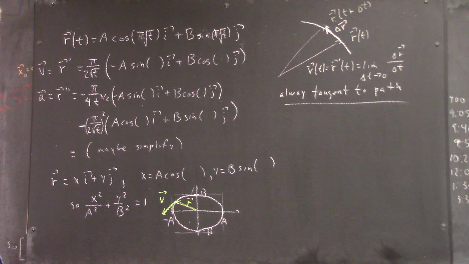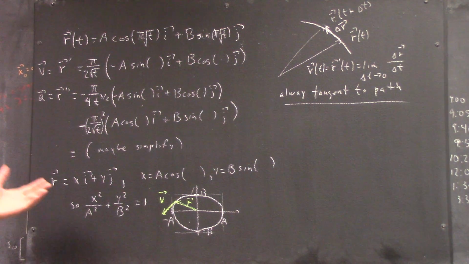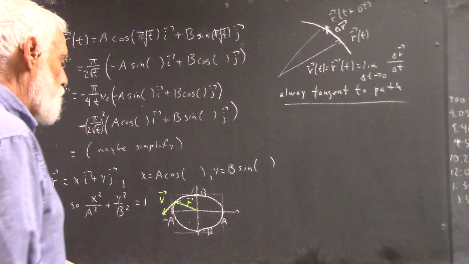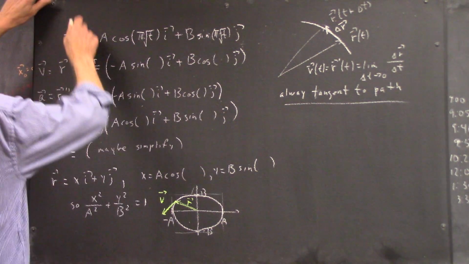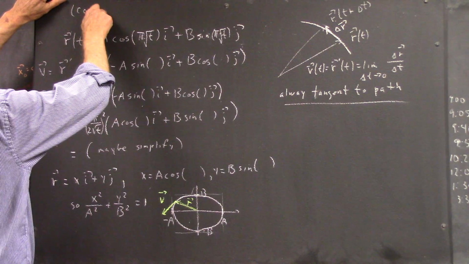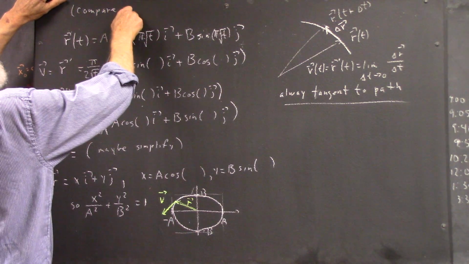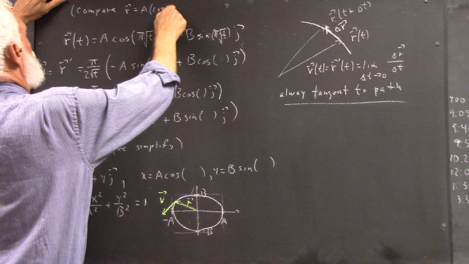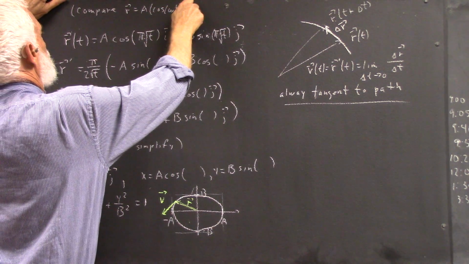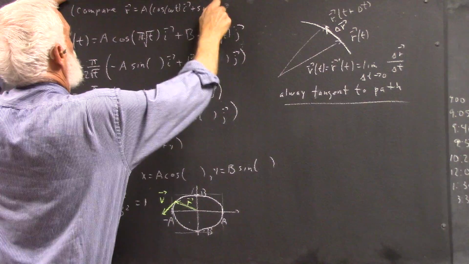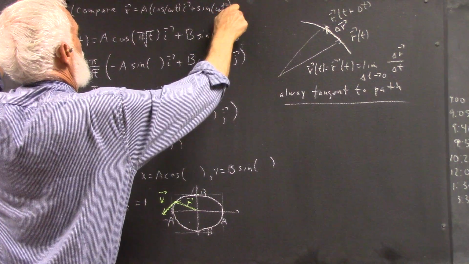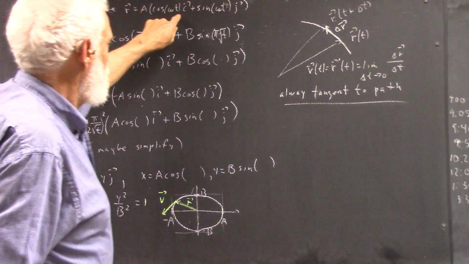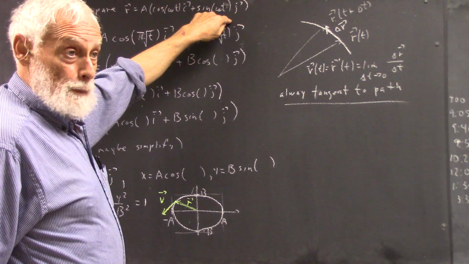Okay, the other thing that's different from the model that we had before, the previous model for comparison, it's just a times the quantity cosine omega t i plus sine omega t j.